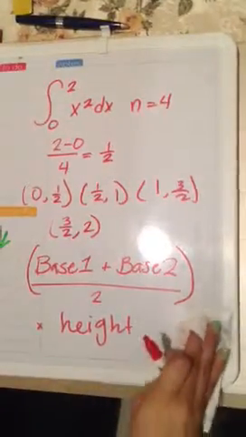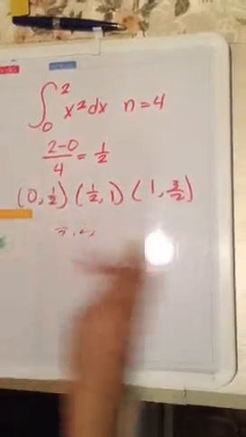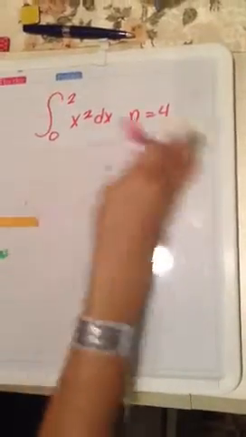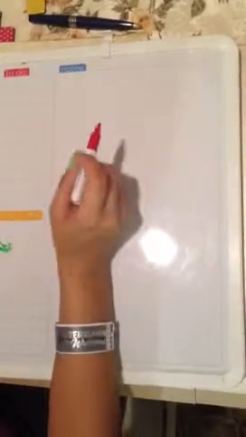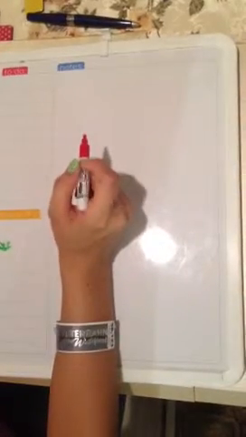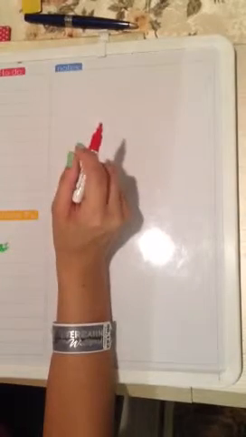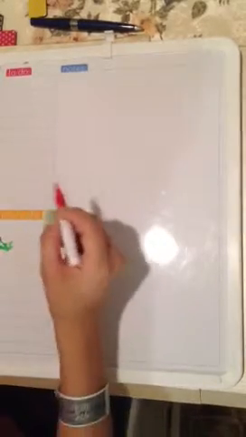So to find the area between 0 and 1/2, you plug in 0 into f of x, which in this case we'll use x squared as f of x to give you your base 1, and then you plug in 1/2 into f of x to give you your base 2. And the height is simply the distance between the 2 points, which in this case is 1/2.